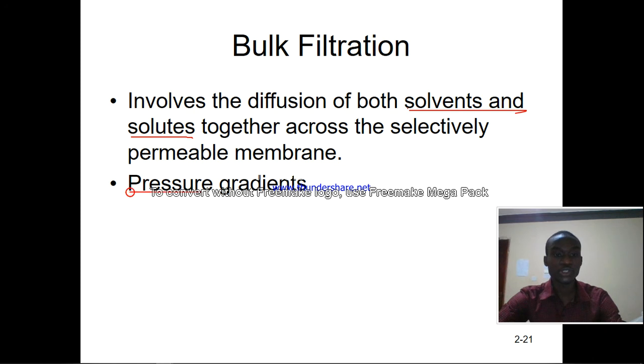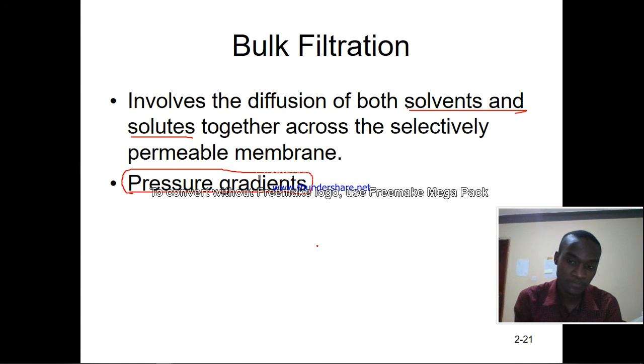It usually requires a pressure gradient. So in filtration, we usually apply pressure on one side where we have a high concentration, forcing these molecules to pass through this barrier, which is now the plasma membrane, and be received on the other end where we have a low concentration. You can also apply pressure on the side where I have a low concentration, and that pressure is acting in a way of pulling these molecules from one side where they are in high concentration, and then receiving them on this side where I have a low concentration.